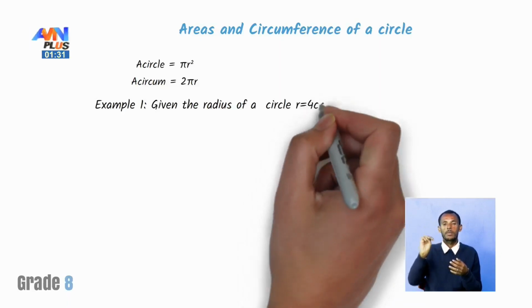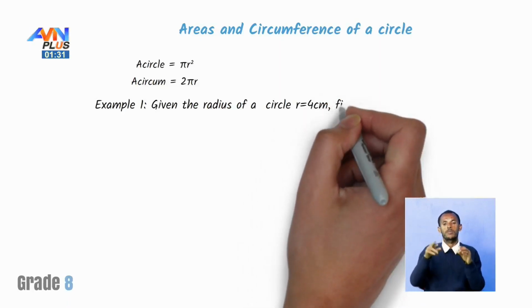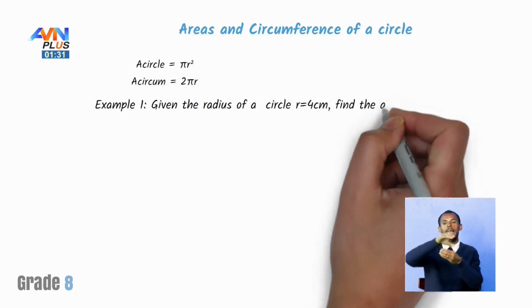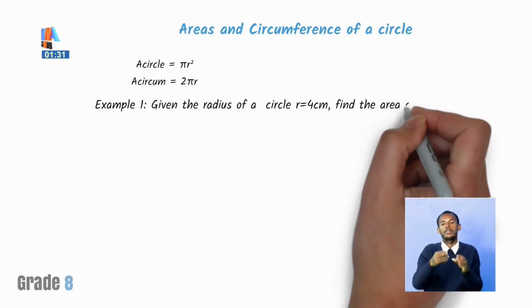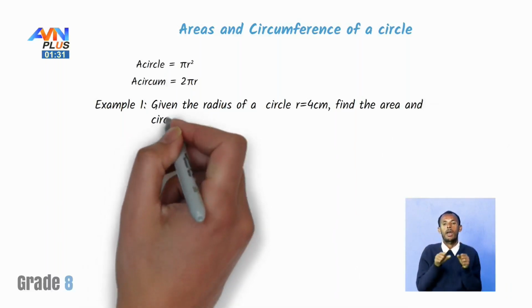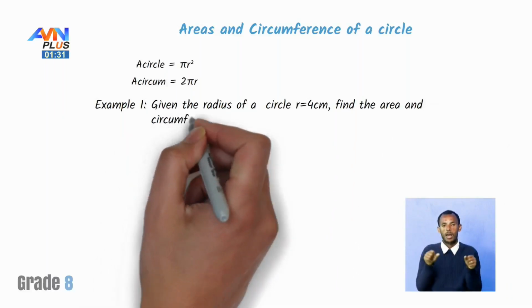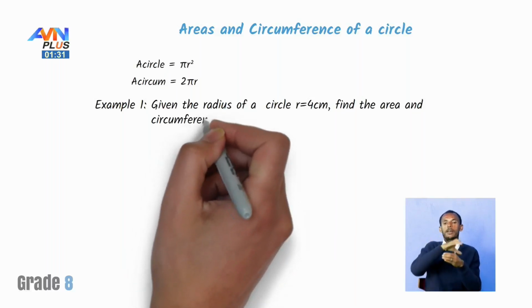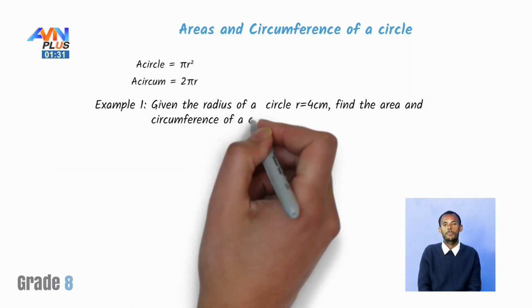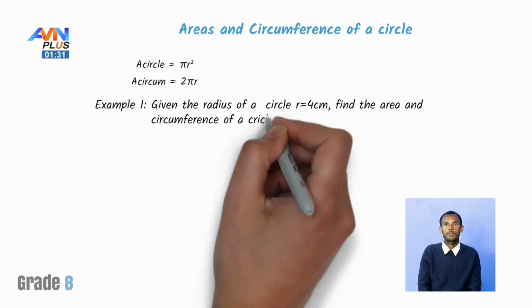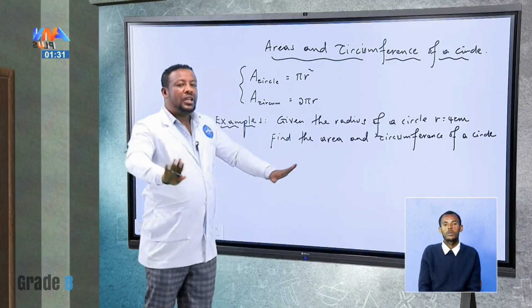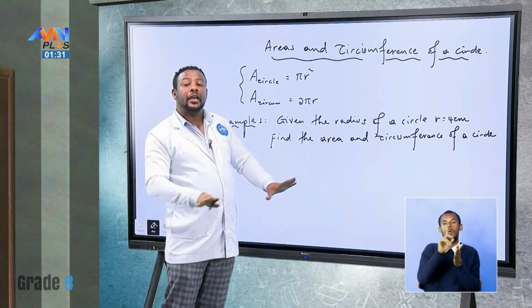If you know the radius of a circle, you can easily calculate the area and circumference. So given the radius of a circle, find the area and circumference of this circle. We only need one information to determine the area and the circumference.